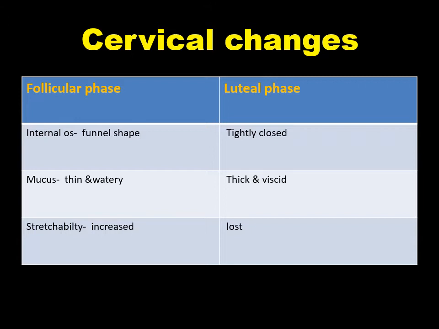In the second phase of the cycle, the cervix will be tightly closed and the mucus secretions will become thick and viscid with no stretchability, so that a mucus plug will be in the cervix to prevent any sperms from going through.